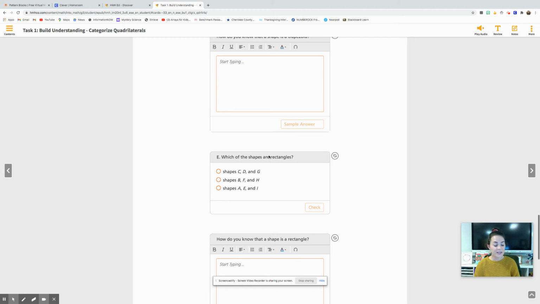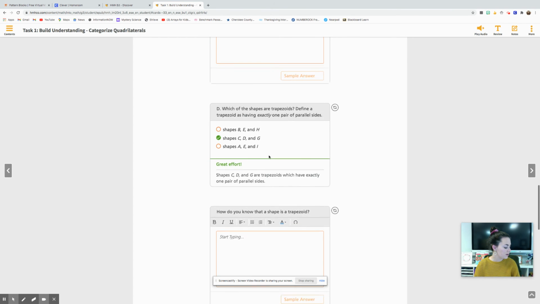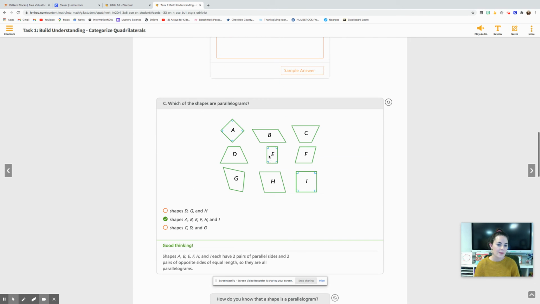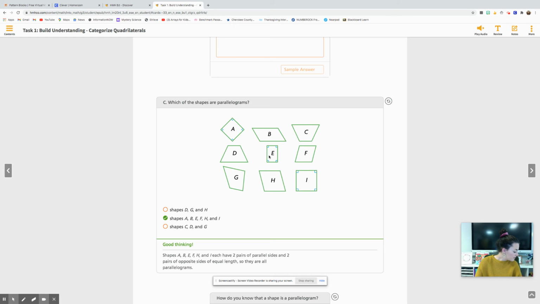Now, rectangles are the very last shape you're looking for. Okay? We define a rectangle by having 4 sides with 2 pairs of opposite parallel sides. They have to be equal length too, those opposite sides. So if you're looking for rectangles here, you know that A could be stretched into a rectangle.